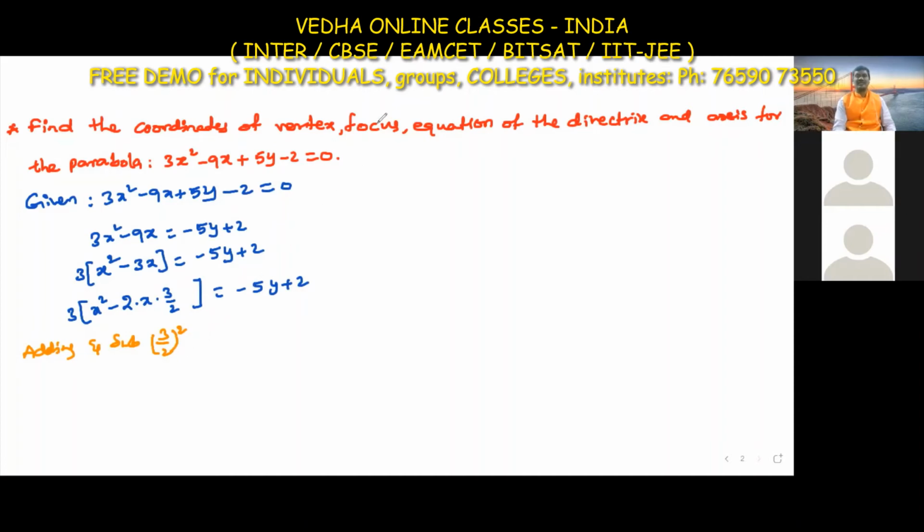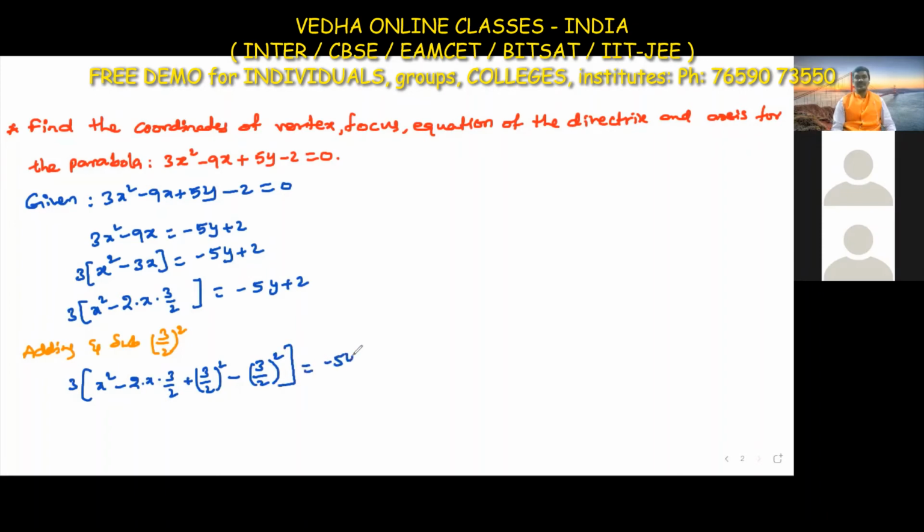So on the left side we get 3 into x square minus 2 into x into 3 by 2, adding this 3 by 2 whole square and subtracting the 3 by 2 whole square.